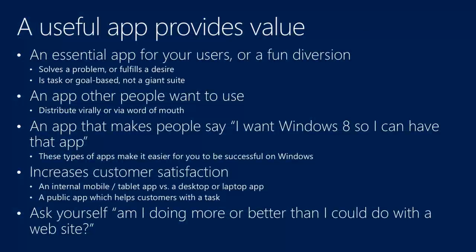So if you're like a Home Depot or Lowe's or any of those types of places, you want something where people can use that app, and maybe they do something in there that drives them to come into the store and spend money. So that's another way in which it's useful and maybe essential for the user, in a way that's a little less traditional than we might think of a regular app.